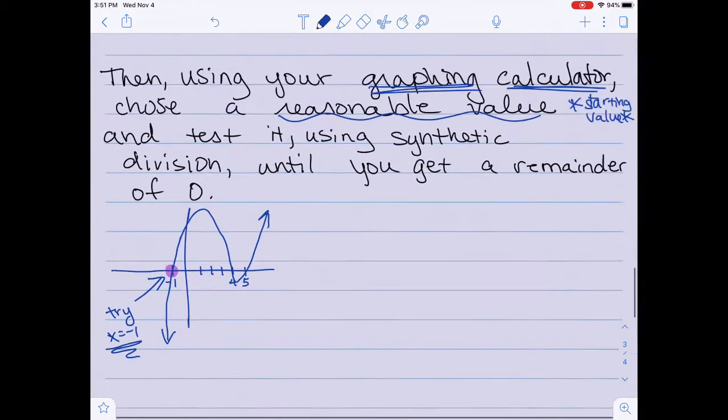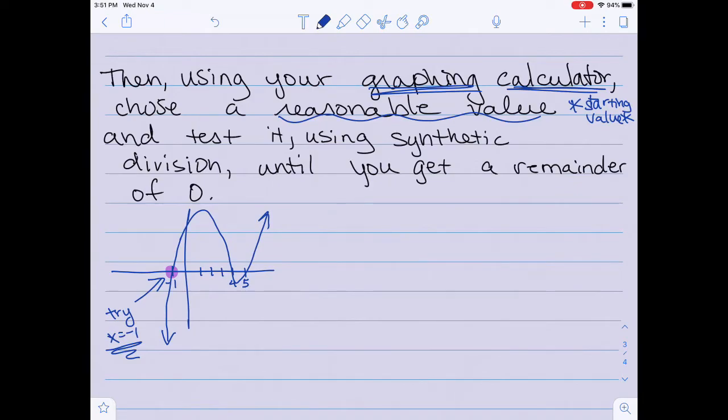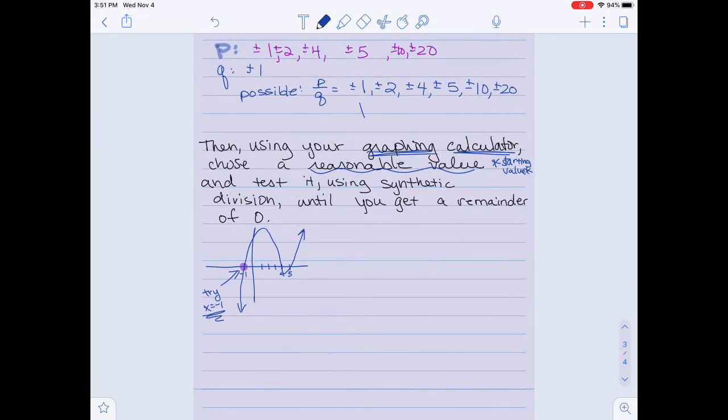I'm going to try x equals -1. So -1 is still in my list of possible roots, and I'm going to use synthetic division to try it.